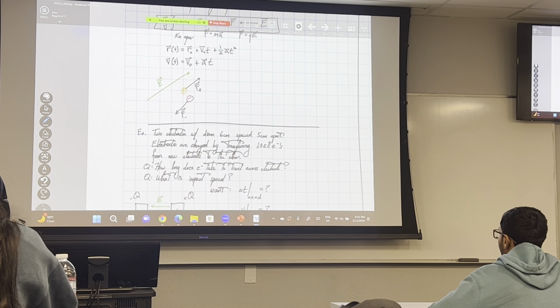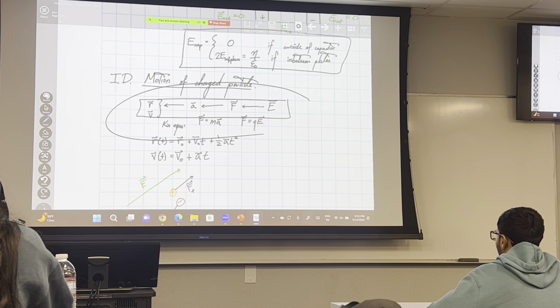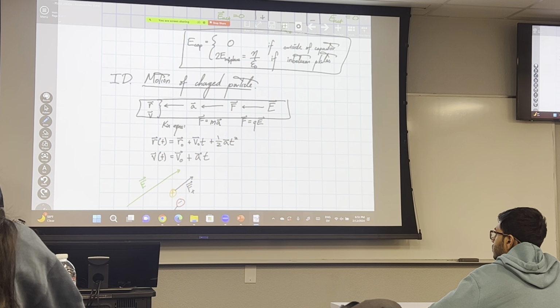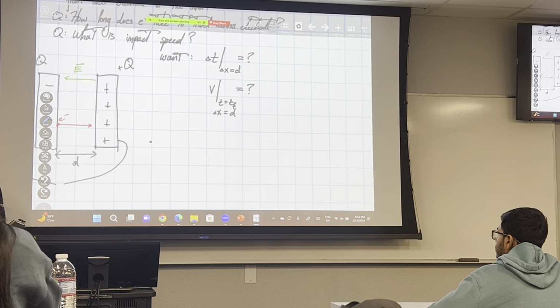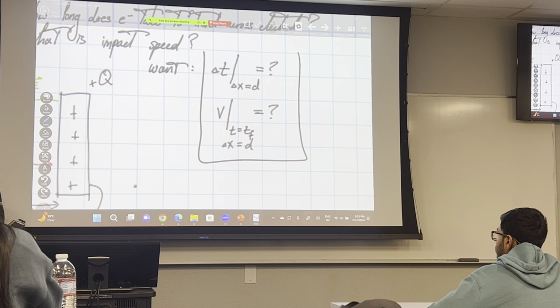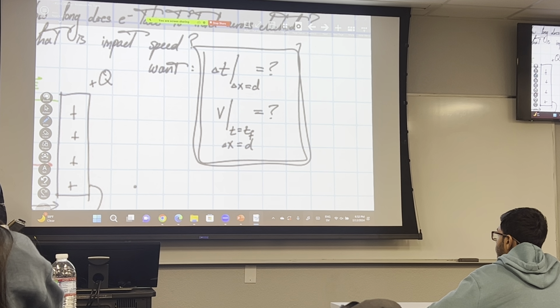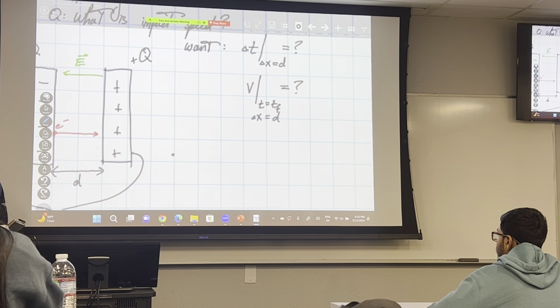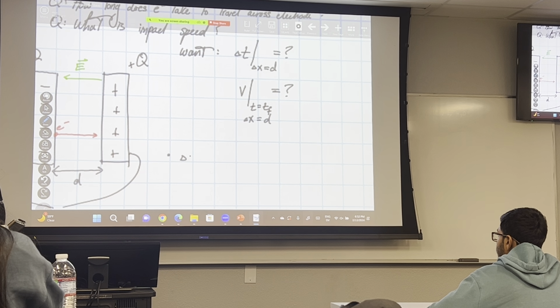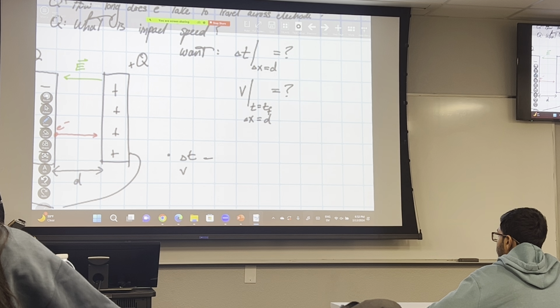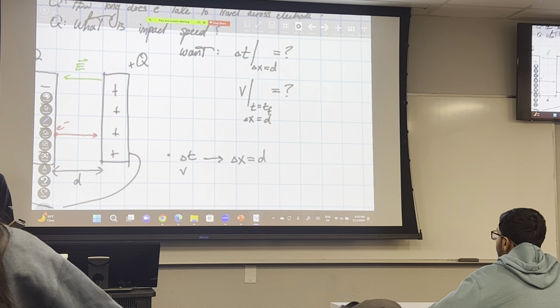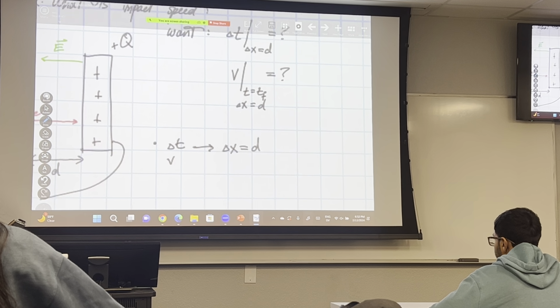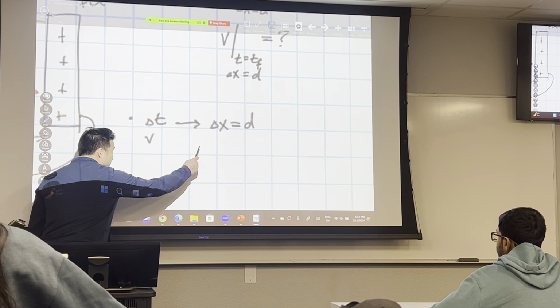I know because we're in this section, this is something that you immediately want to turn to, but let's say in the midterm, maybe it wasn't so clear cut. As long as you precisely define this, then you just need to work backwards. Because to get delta t or v, we're looking for delta x is equal to d. But how do you get delta x?